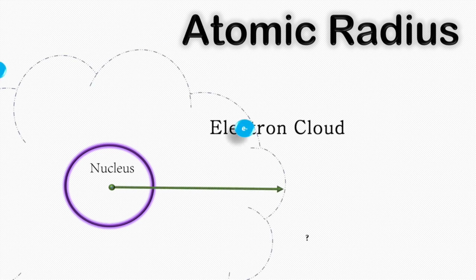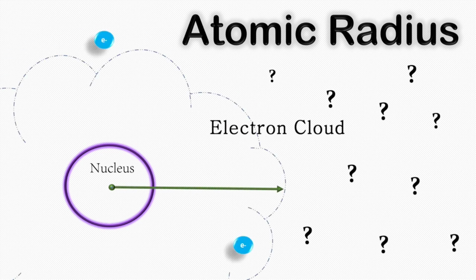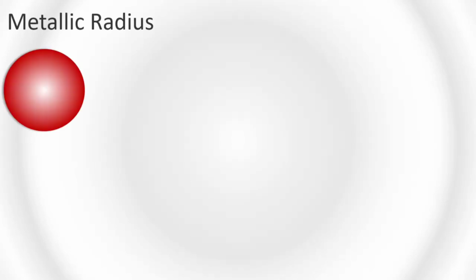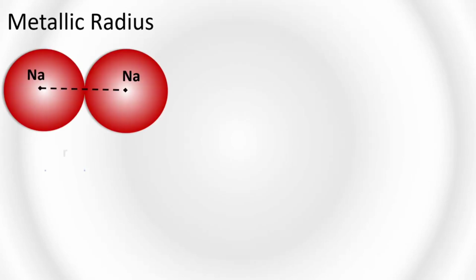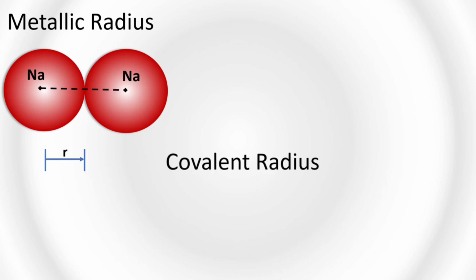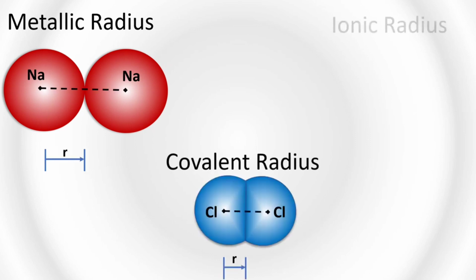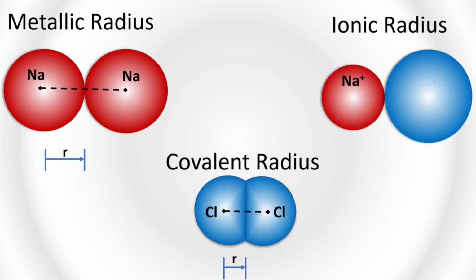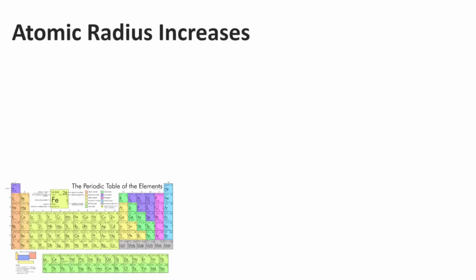That is, the electrons are not fixed. They keep moving. So scientists try to measure the atomic radius by measuring different parameters, such as the atomic radius, the metallic radius, the covalent radius, and of course the ionic radius, which is the distance between two closest center atoms.